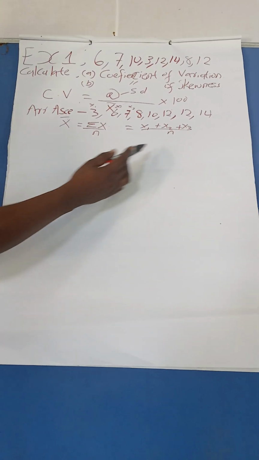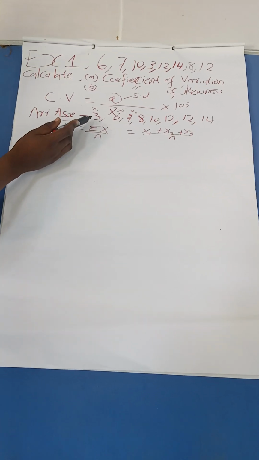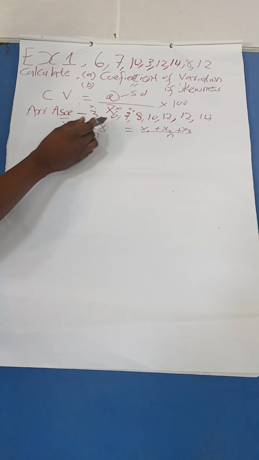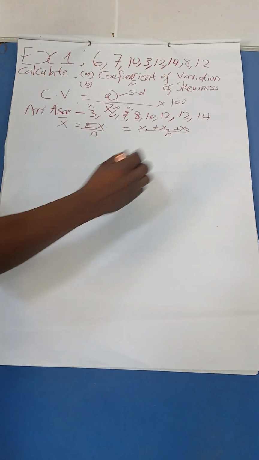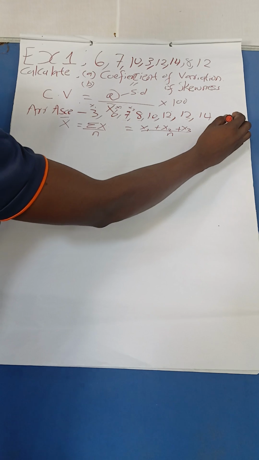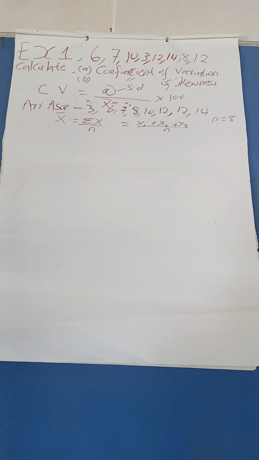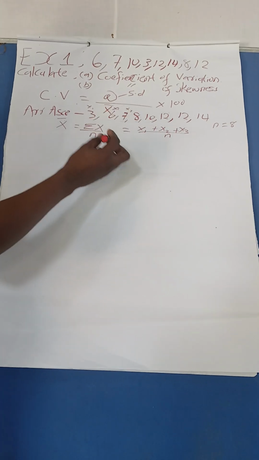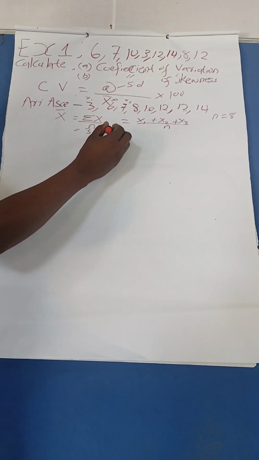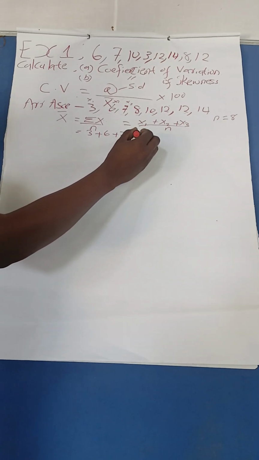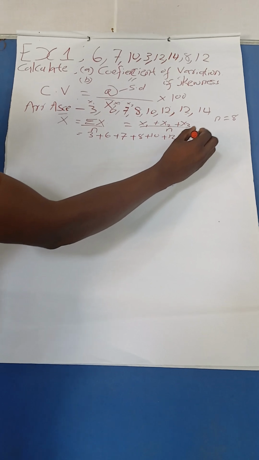The n in this case represents the total number of items you have been given. How many items? 1, 2, 3, 4, 5, 6, 7, 8. So our n in this case will be 8. You go ahead and add: 3 plus 6 plus 7 plus 8 plus 10 plus 12 plus 12 plus 14.